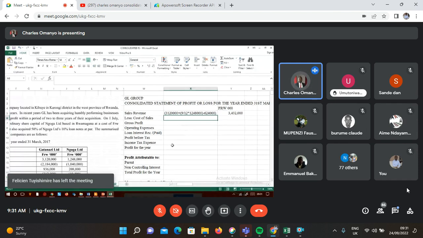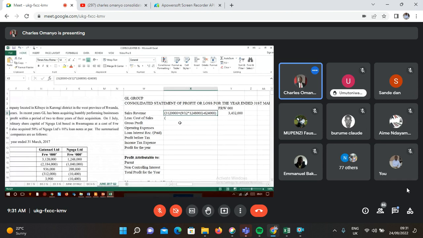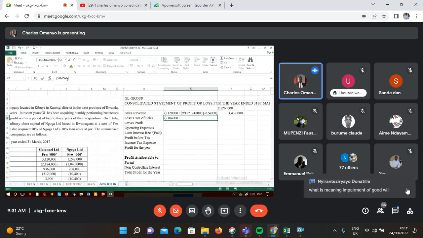Let's go to cost of sales. The same treatment for cost of sales. Let's be attentive under cost of sales. These brackets will confuse you if I leave them like that, so I'm changing the brackets. Cost of sales is 2,184,000 plus 9 over 12 times 1,040,000.